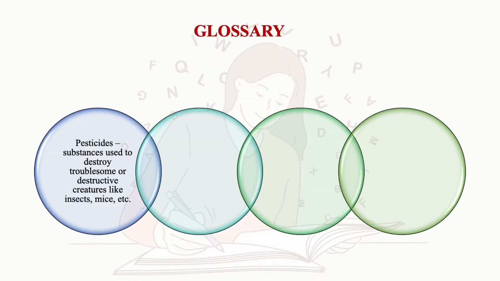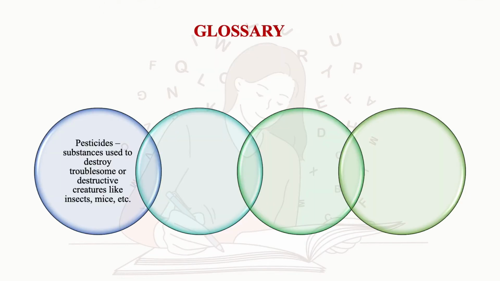So, these were the 4 paragraphs of the passage that we are going to summarize. But before going towards summarizing the passage, we will look at certain words and their meanings. The first one is pesticides.